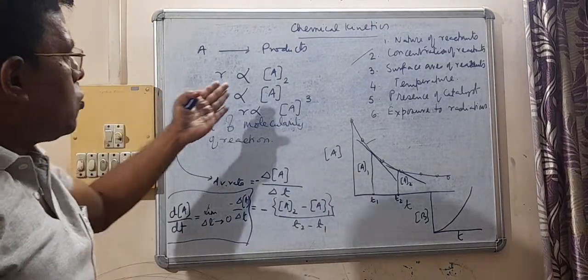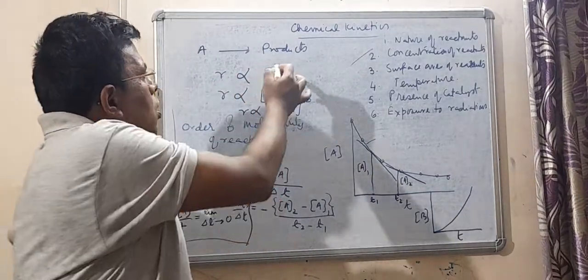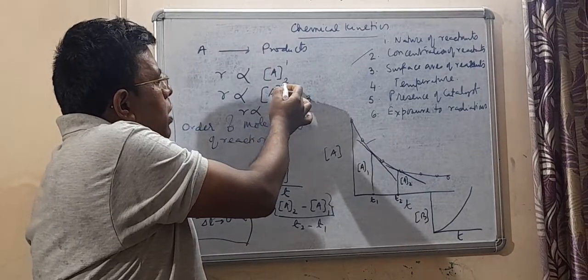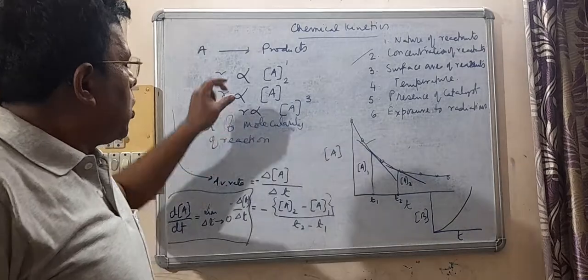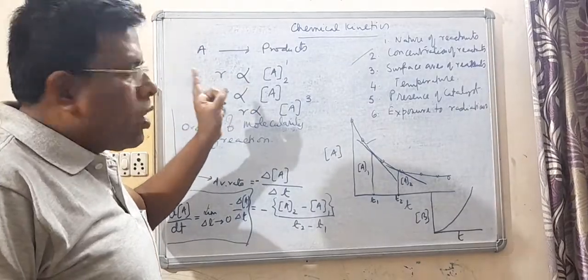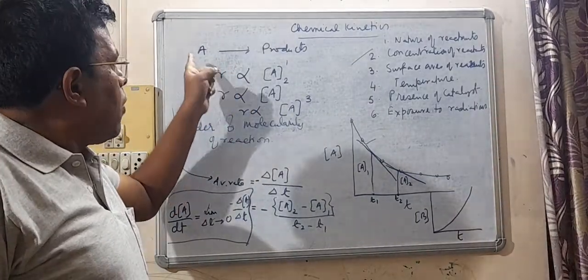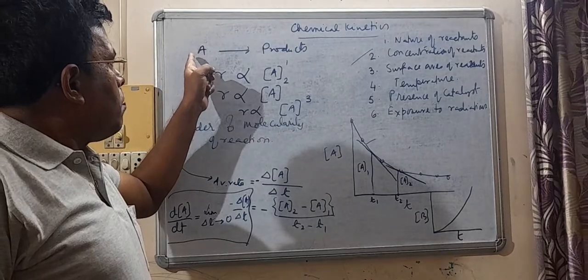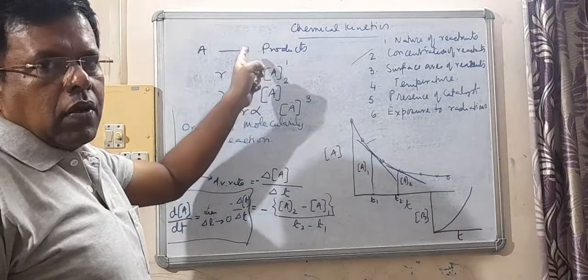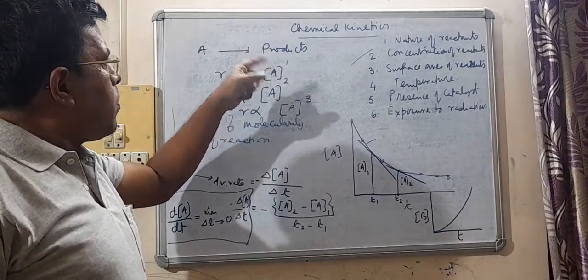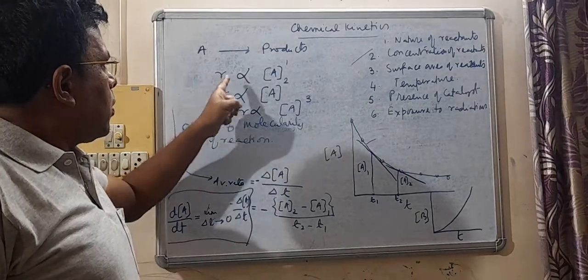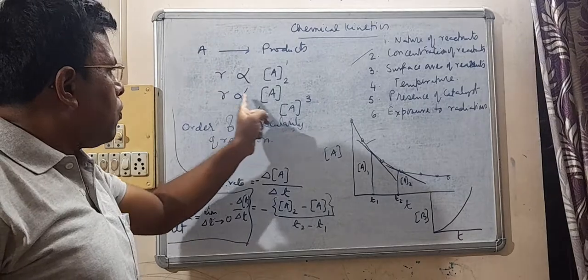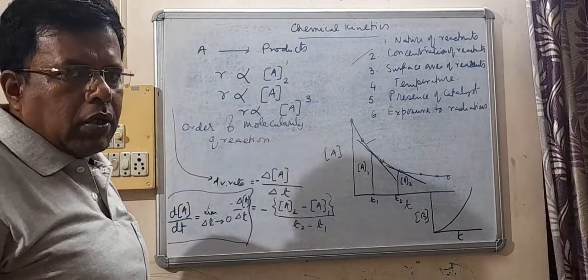Now, whether it will be on the first power, or the second power, or the third power, that we don't know. That we can understand only after performing an experiment. After performing the experiment, we will be able to know whether the first one is correct, the second one is correct, or the third one is correct.